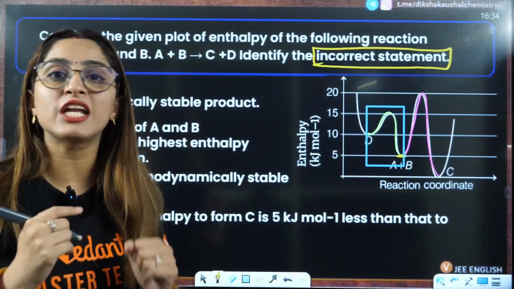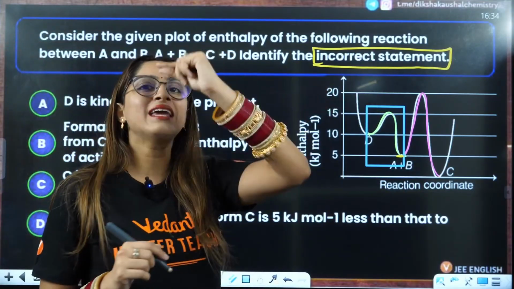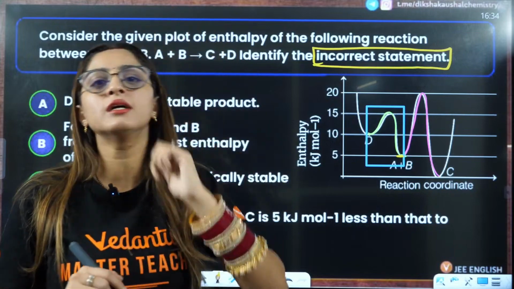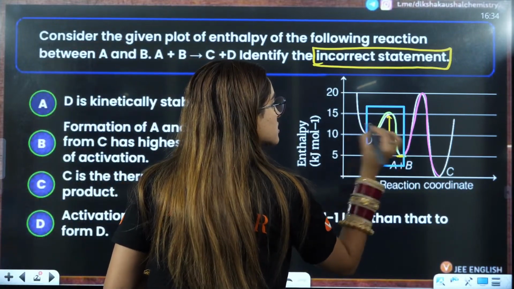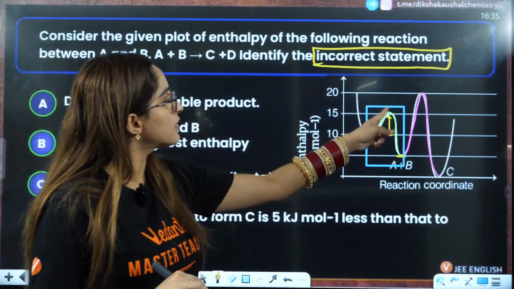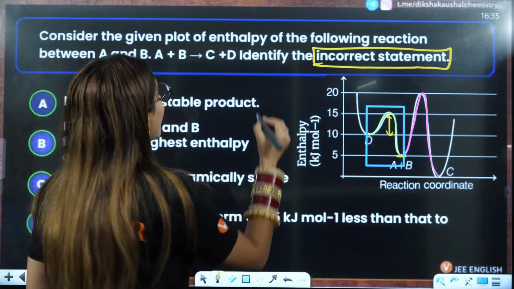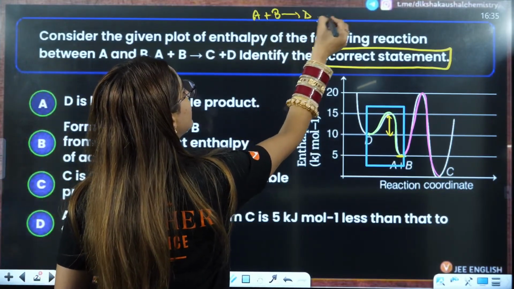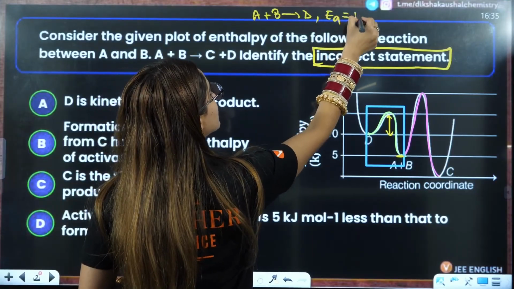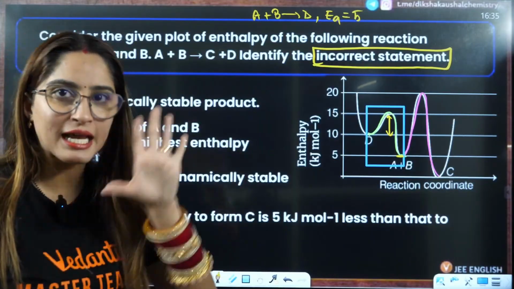What is the activation energy? Activation energy is the highest position till the products. You can see this is your activation energy. This point is 15, this point is 10. So can I say for A plus B to the formation of D, the activation energy is 5?